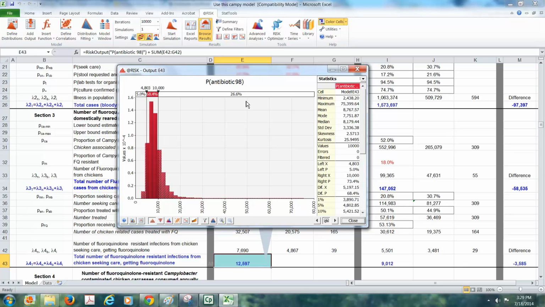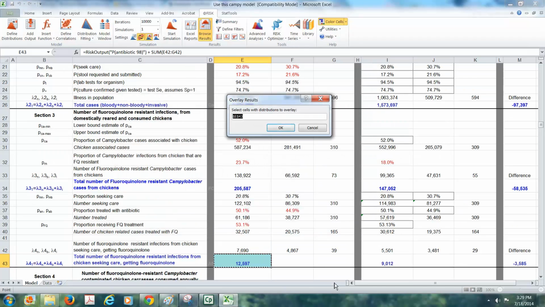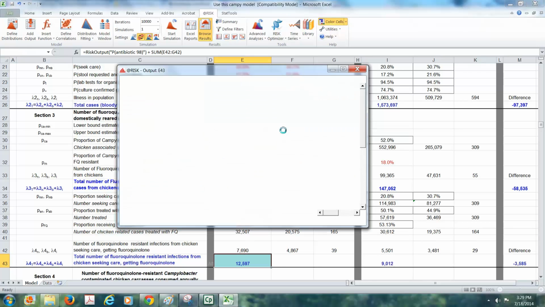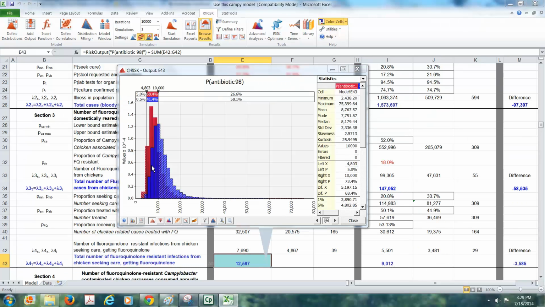There's one other thing that I will show you we can do here because there were 2 years, so I'm going to add another distribution to this. I'm going to say add this distribution. And now you're going to see that the red distribution was 1998. The blue distribution is 1999. And what I'd like you to see here is the entire distribution is moving to the right. Moving to the right is a bad thing. That means more and more people are getting sick.